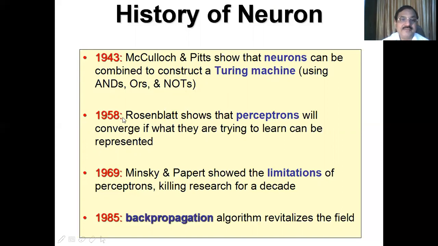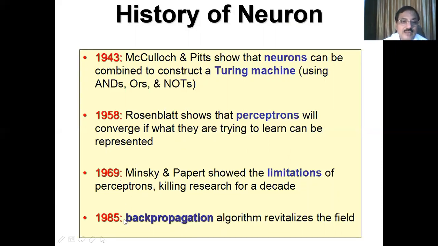In 1958, Rosenblatt showed that perceptrons will converge if what they are trying to learn can be represented by the machine learning system. In 1969, Minsky and Papert showed the limitations of perceptrons, and that killed research for a decade due to the slow technological development in this field.